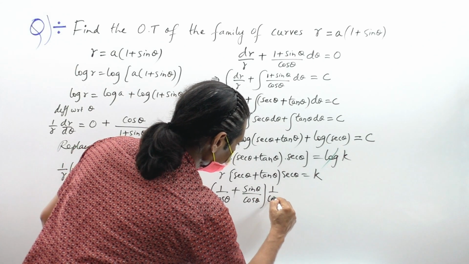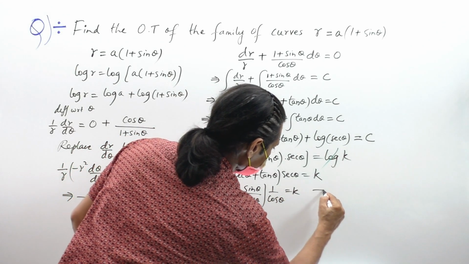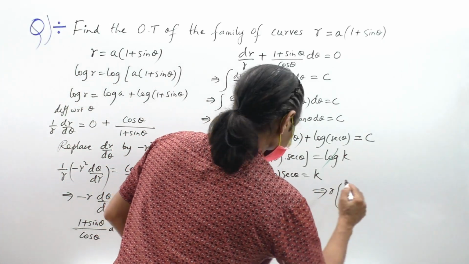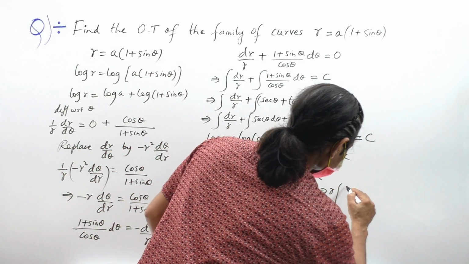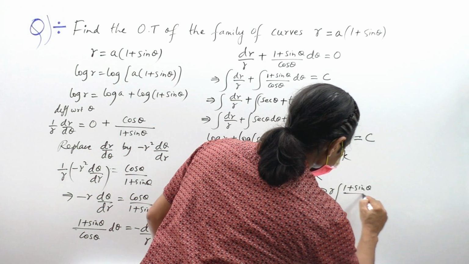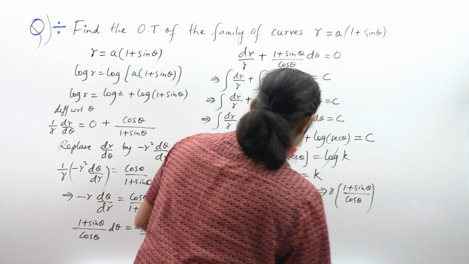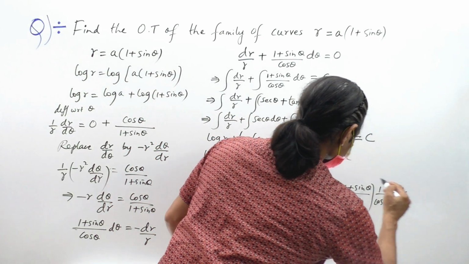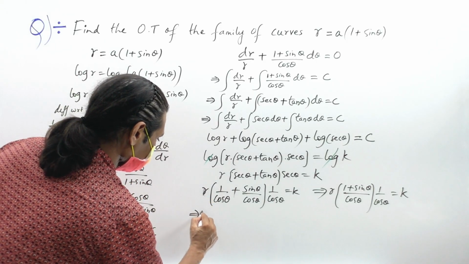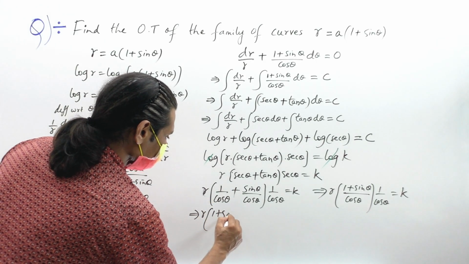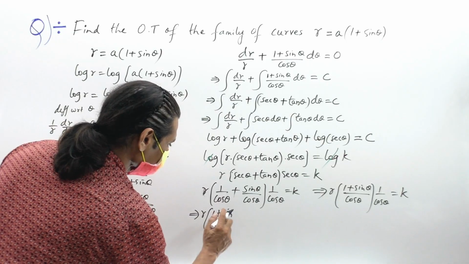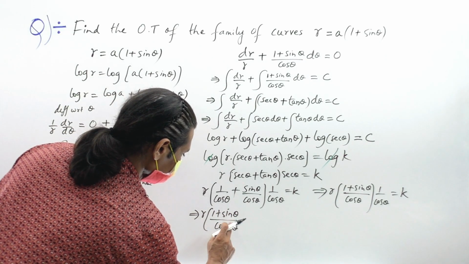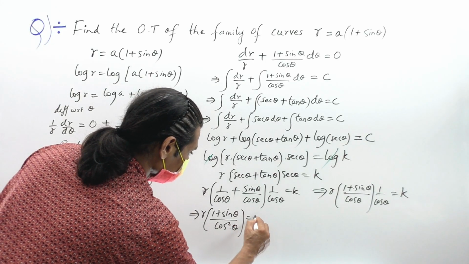Secant theta is again 1 by cos theta, equal to K. Take the LCM: r into 1 plus sin theta upon cos theta into 1 by cos theta is equal to K. So again r into 1 plus sin theta upon cos square theta is equal to K. I am doing each and every step here so that you don't get confused.